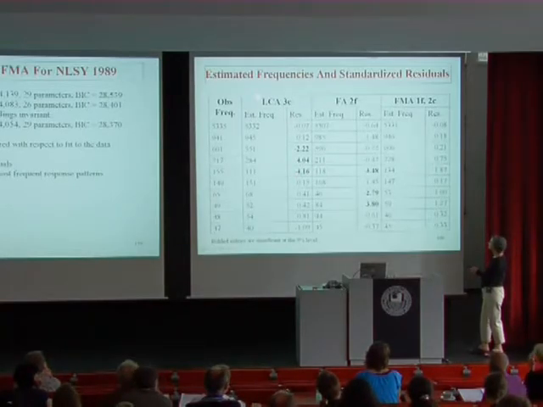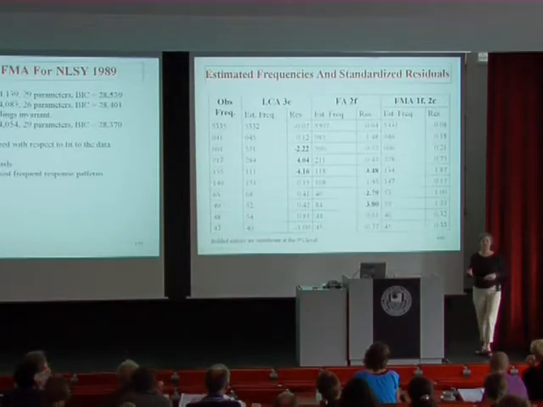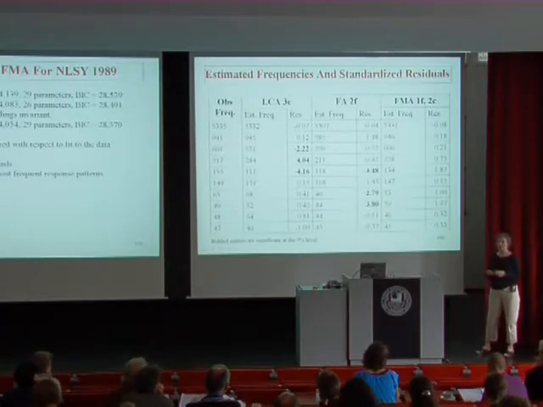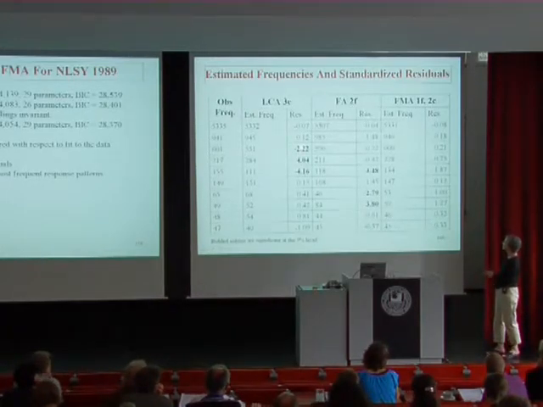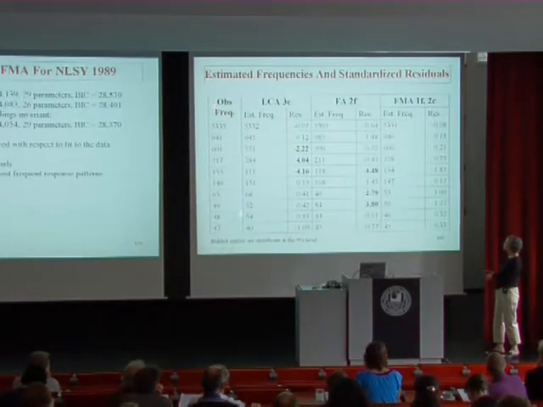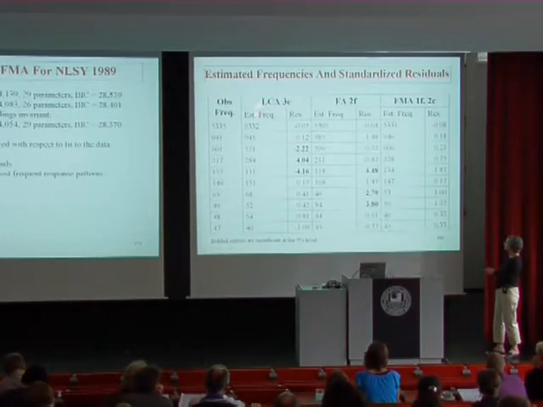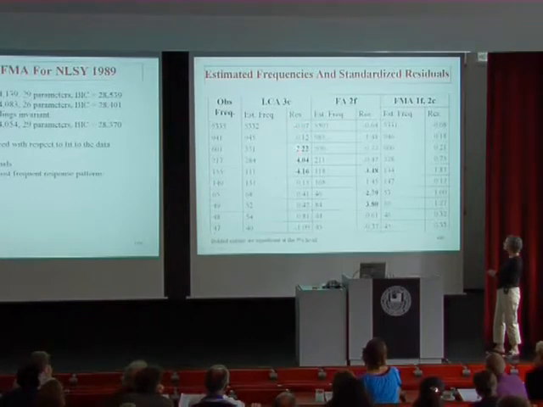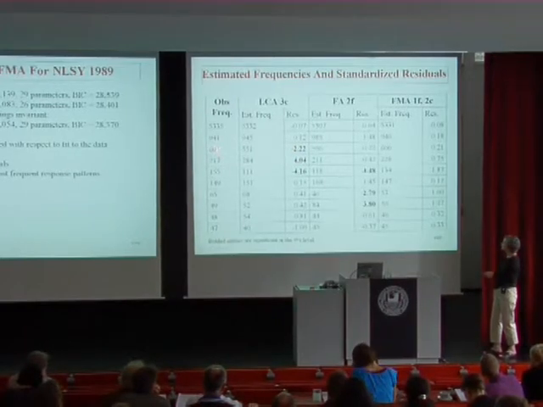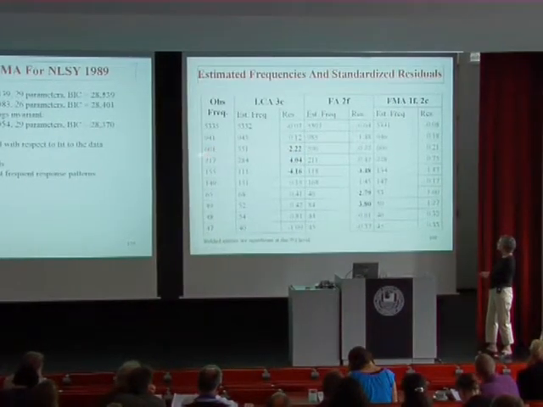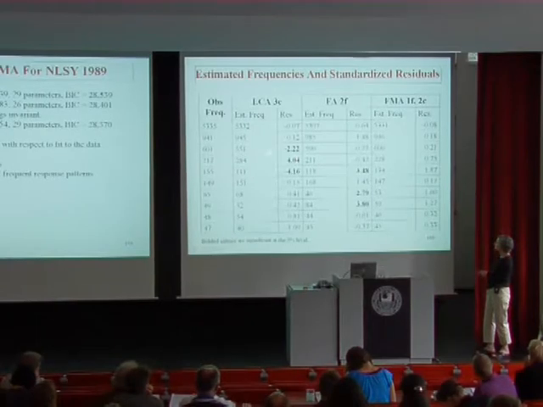The residuals are standardized, so we're looking for absolute values greater than 1.96. The observed frequencies are shown in the first column, estimated frequencies in the second column, the fourth and the sixth, and the residuals follow those. You'll see that for the latent class model we have 3 large residuals for 3 response patterns that have around 600, 200, and 150 observations each.